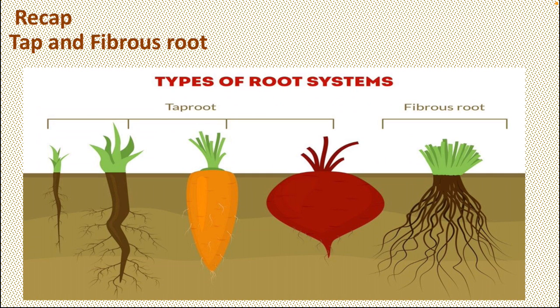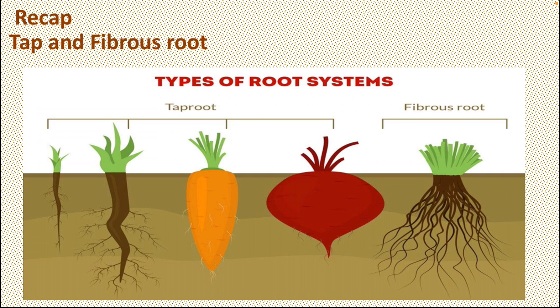Previously, we have learned about the types of root that are tap and fibrous root. Now you can see in this picture the types of roots. Now you can see the tap root and the fibrous root. So what have we learned about the tap root and fibrous root?